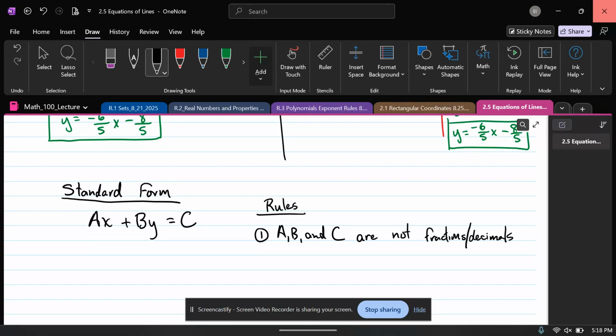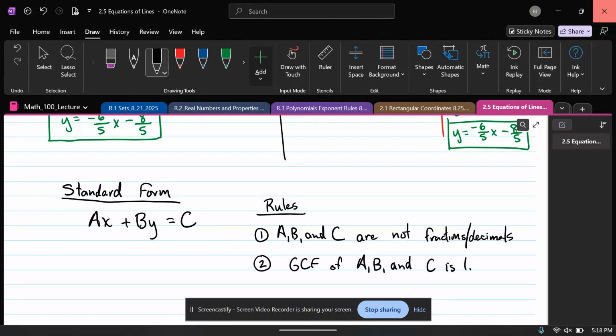Okay? No fractions, no decimals. The other rule is that the GCF, the greatest common factor of A, B, and C, is 1.